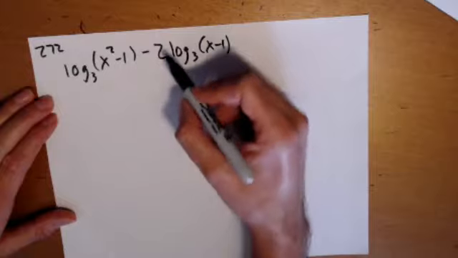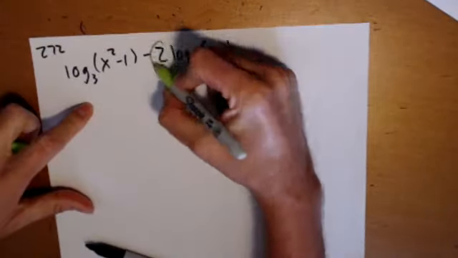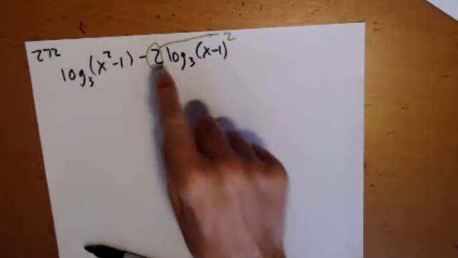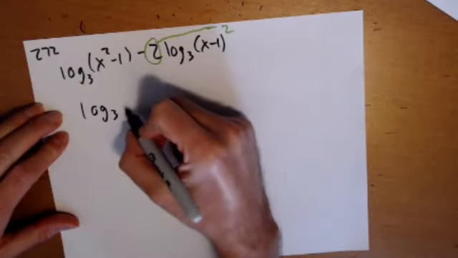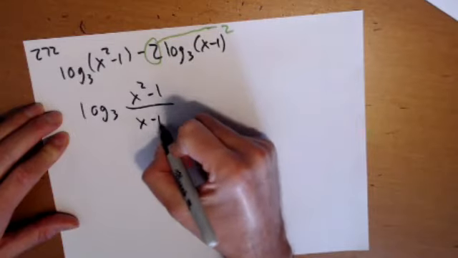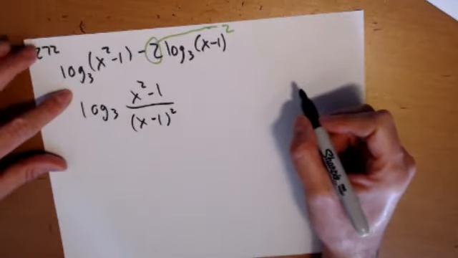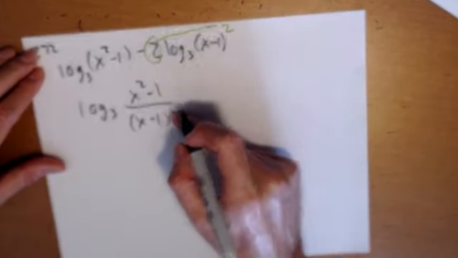Okay, so the 2, you see how this 2 will just go up there? Anything out in front goes inside and up. So we have log base 3, this guy's positive, x squared minus 1. And then downstairs we have x minus 1 squared. So I didn't write one step, the step where I would have put that 2 right there. See how that 2 there?